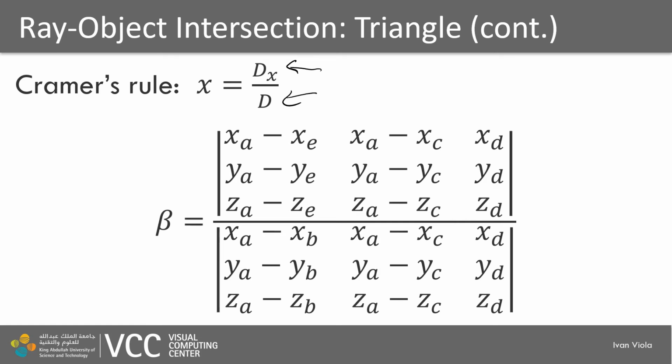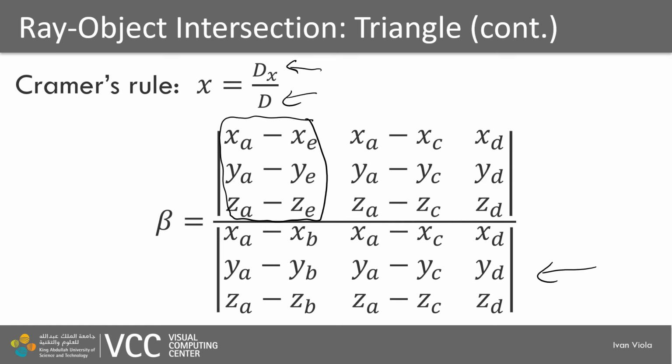So the determinant in the denominator here is the matrix as we had it from before. So you can see here the terms associated with beta, with gamma, and with t. And now in the numerator, the terms associated with beta are replaced by the right-hand side. So here we have the right-hand side, but the rest of the matrix stays the same.